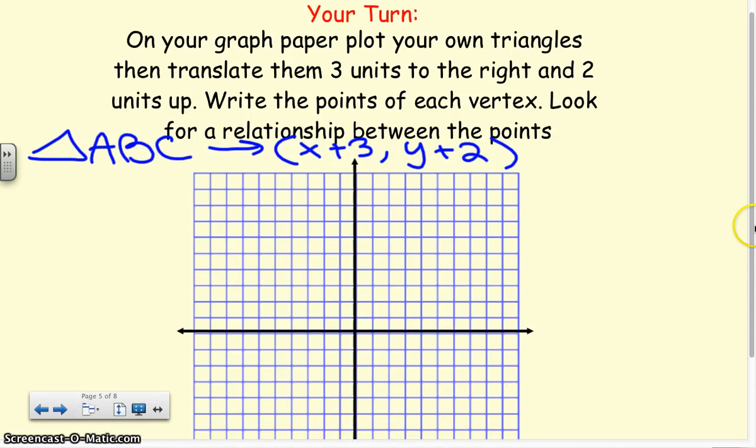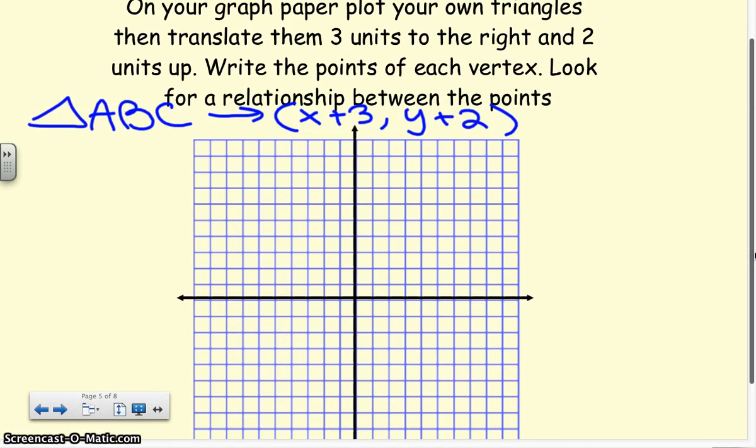Okay, I'm going to just draw another shape. I'm going to actually draw a square or a rectangle. I don't know if it's going to be perfect, so this is more like a rectangle. And I'm going to translate it. We'll do this in our next set of notes, but when I say x plus 3, this just means right 3.